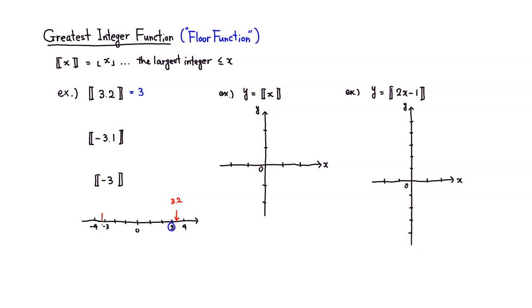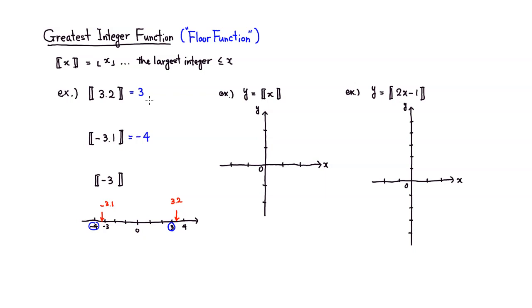So it's sitting right here. So if you're looking for the largest integer less than or equal to negative 3.1, you can see that it's actually -4, not -3. All right, so we got that.